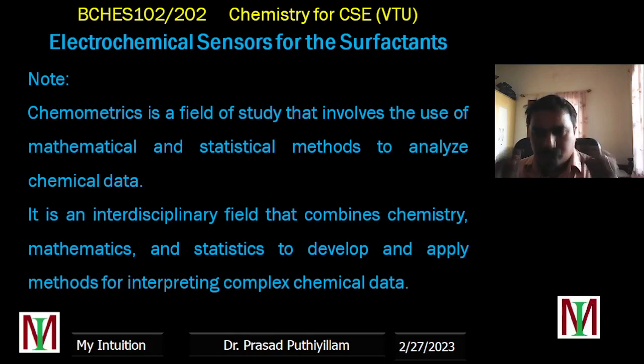When we use the sensor, it will check with the available data, then give the result, not simply measuring and giving the result. It will compare with the possible related data which is already available, and only after that will it give a result, which will improve the accuracy. It is an interdisciplinary field which combines chemistry, mathematics, and statistics to develop and apply methods for interpreting complex chemical data.